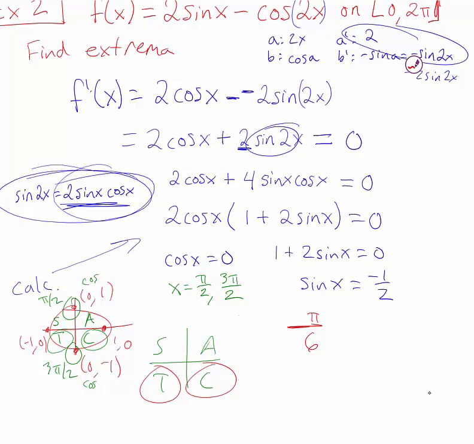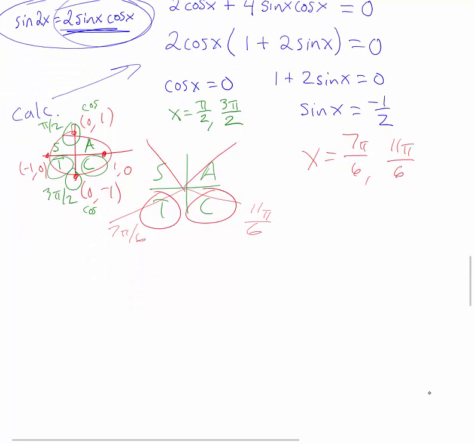And this was pi over 6, 5 pi over 6, 7 pi over 6, and 11 pi over 6. So for this, we would get x equals 7 pi over 6 and 11 pi over 6. Again, this is a more complicated question, but I just wanted to do one really tricky one.